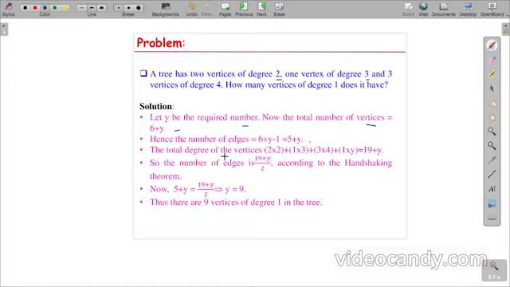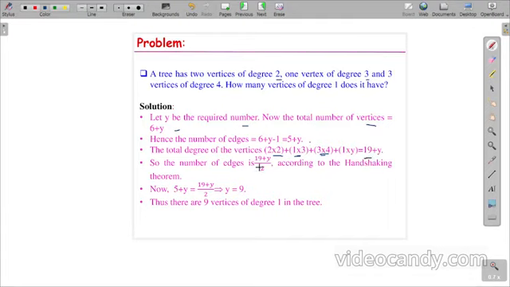The total degree of the vertices is 2 into 2, plus 1 into 3, because there are two vertices of degree 2, one vertex of degree 3, and three vertices of degree 4, so 3 into 4, plus 1 into y, because y is the required number of vertices of degree 1. That equals 19 plus y.